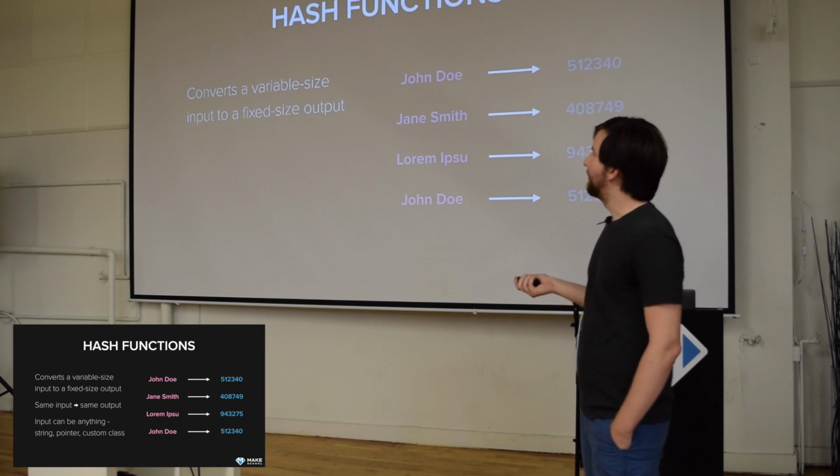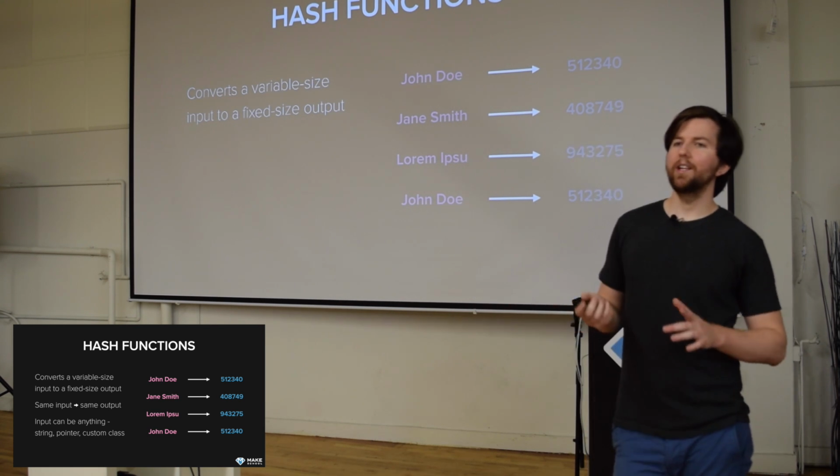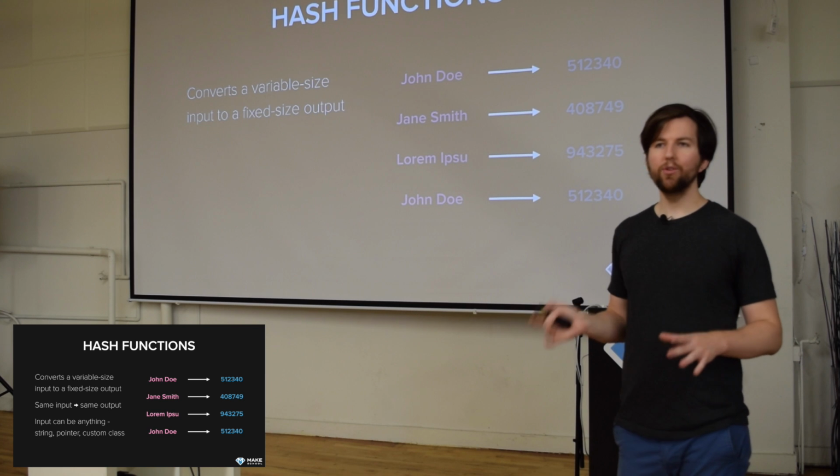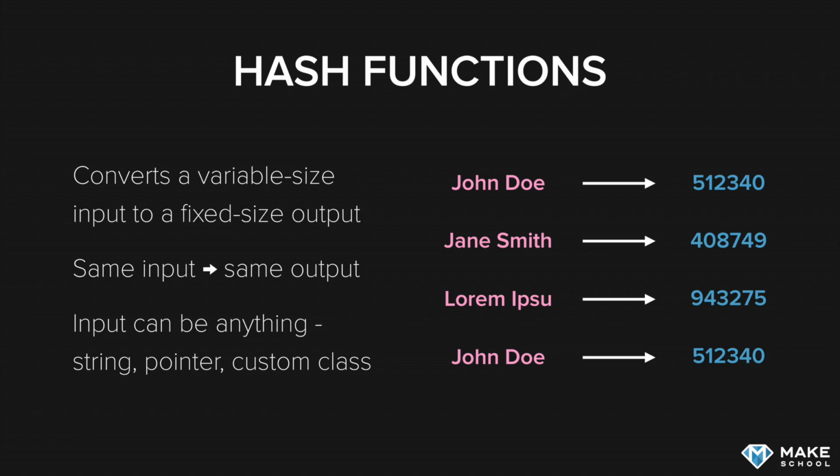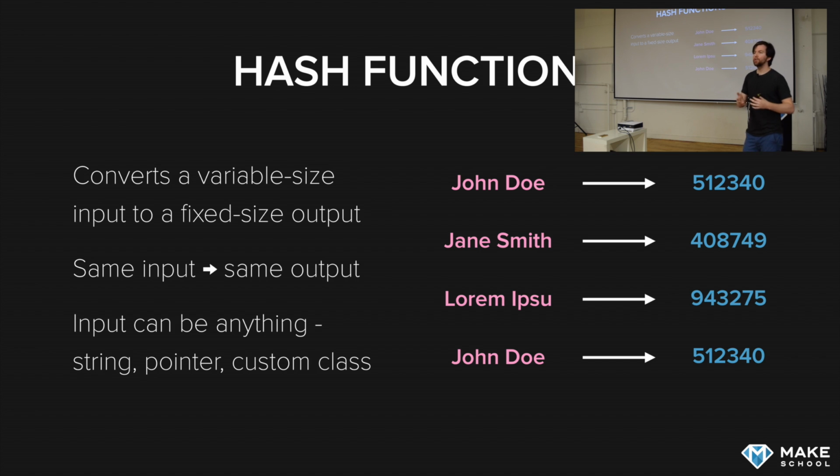So what is a hash function? A hash function is super important in computer science and in general programming. A hash function converts any kind of input, any size of input. It could be a string with 1 character, a string with 10,000, an integer, or some class that you implemented.